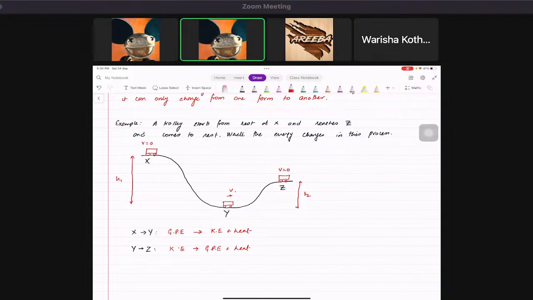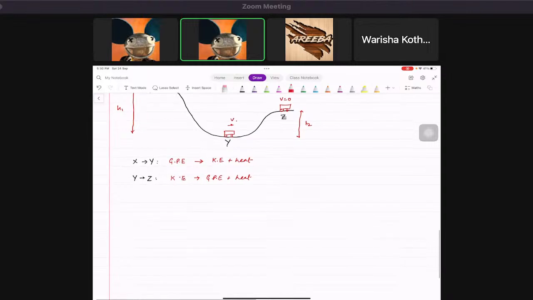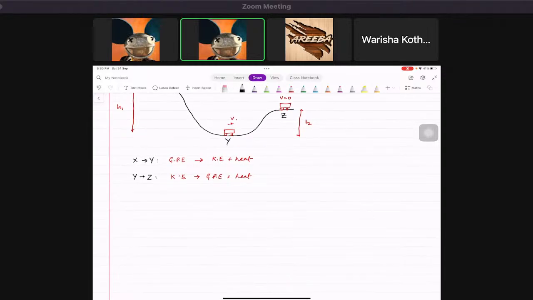Now, these two energies have their own formulas as well in our course: gravitational potential energy and kinetic energy.